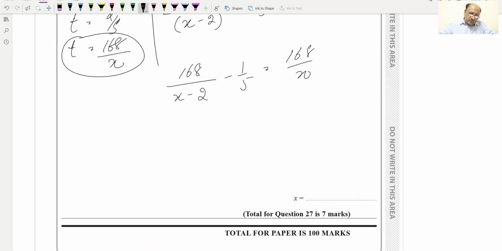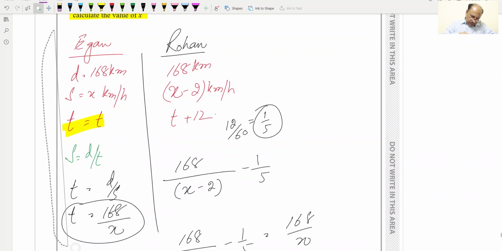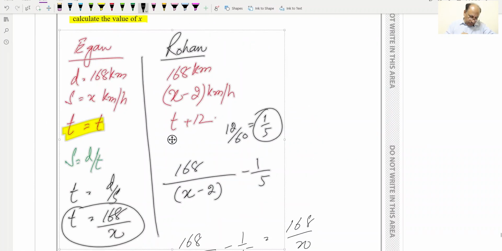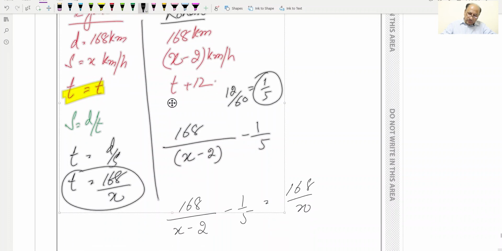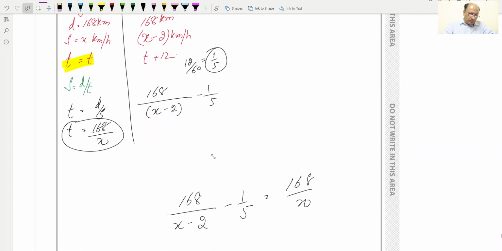Now how we can solve this? What I will do, I will shrink the size of this portion so that we can utilize more space.